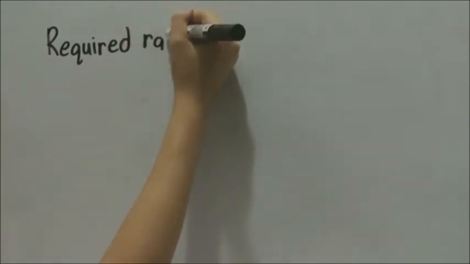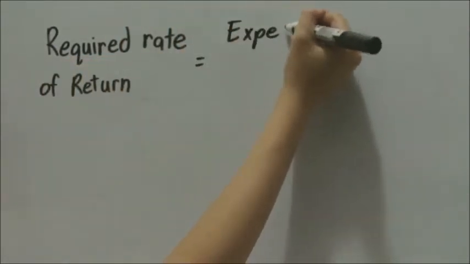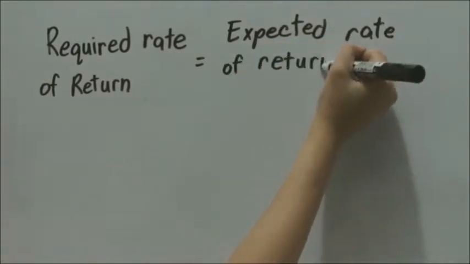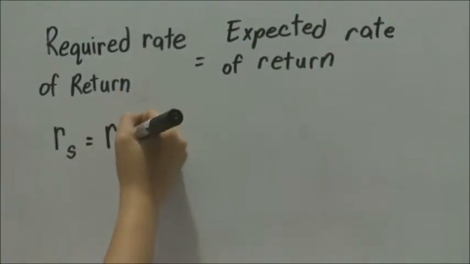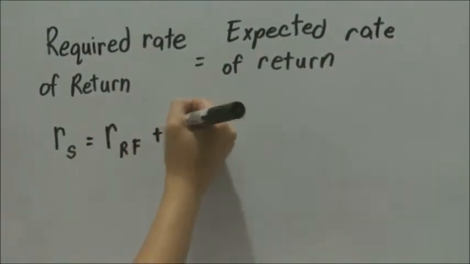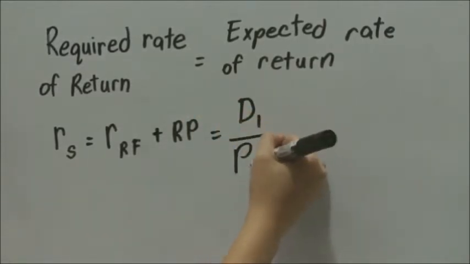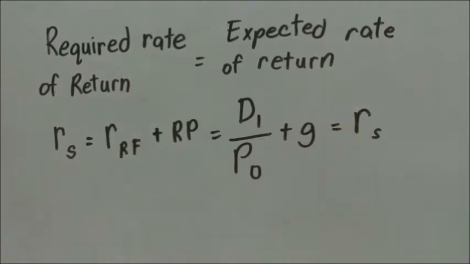We must recall that if a stock is in equilibrium, its required rate of return must be equal to its expected rate of return. Further, its required return is equal to a risk-free rate plus a risk premium, whereas the expected return on the stock is its dividend yield plus its expected growth rate.